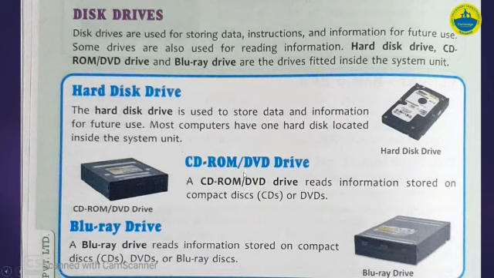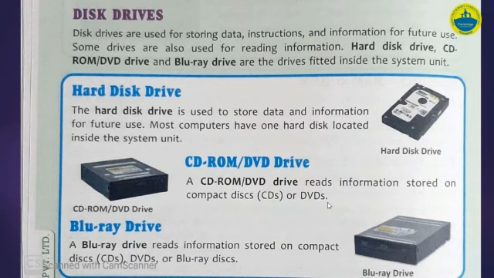Next is the CD-ROM or DVD drive. It reads the information stored on compact discs and DVDs. Suppose we have a CD with some data and we want to look at that data. On our system unit we have a CD drive, and you need to put your CD or DVD in it to see the data.